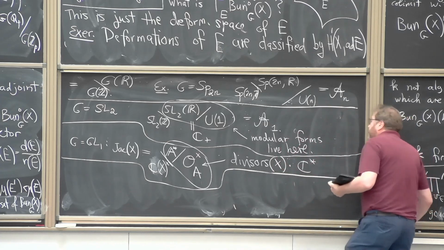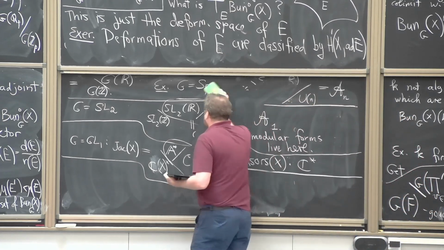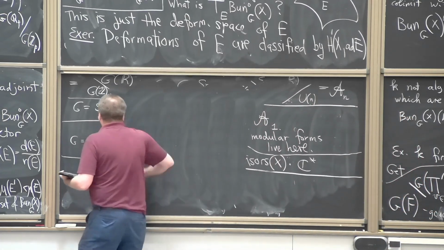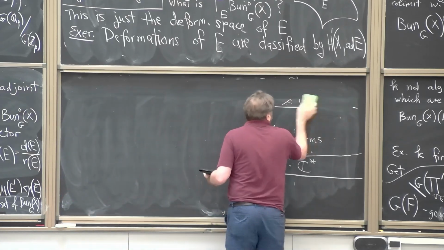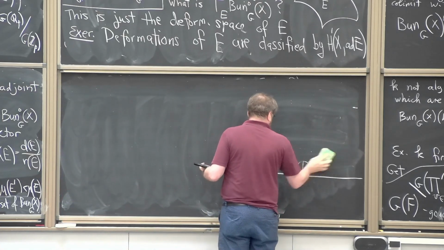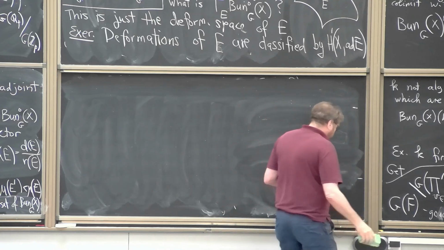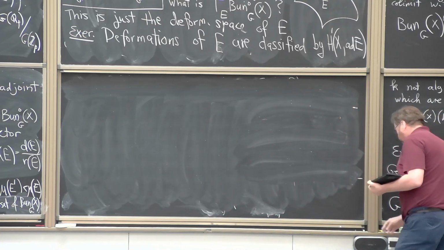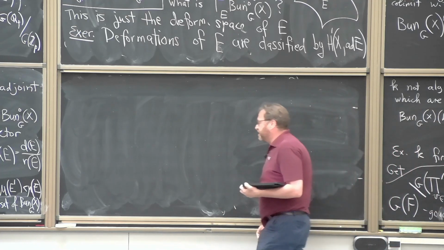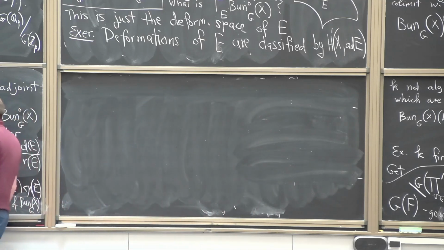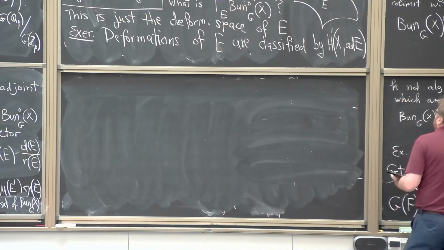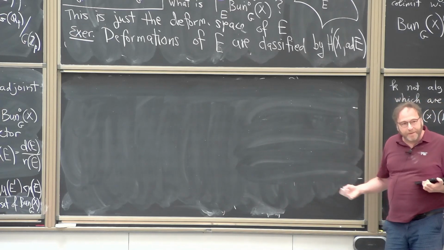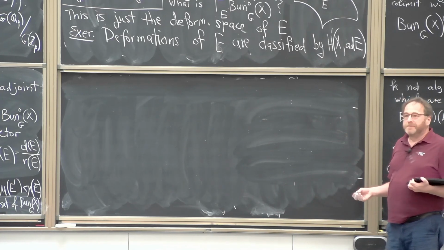So here is an example of what happens for GL_N. For any G, actually, it doesn't matter, and it doesn't matter that it is stable. But if it's not stable, then this will classify first order deformations, and then it may not extend.